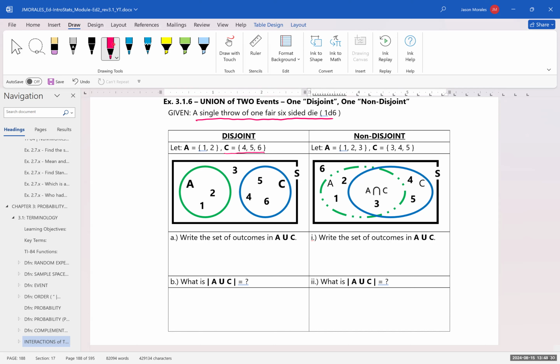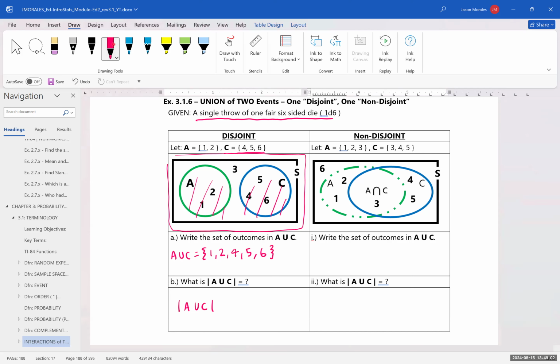This is the Venn diagram for this experiment. So write the set of outcomes in A union C. A union C is going to have everything in A and everything in C: 1, 2, 4, 5, and 6. So the order of A union C is the number of elements in it, so that would be 5.